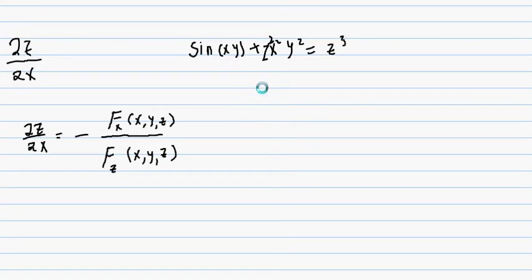So this equation implies that sine xy plus z squared x squared y squared minus z cubed is equal to 0.